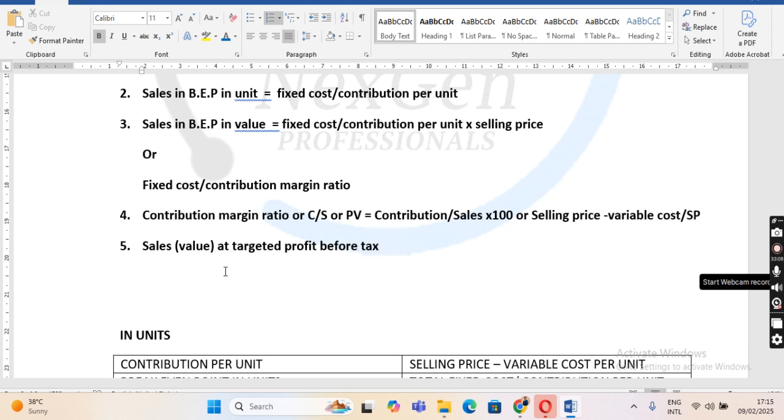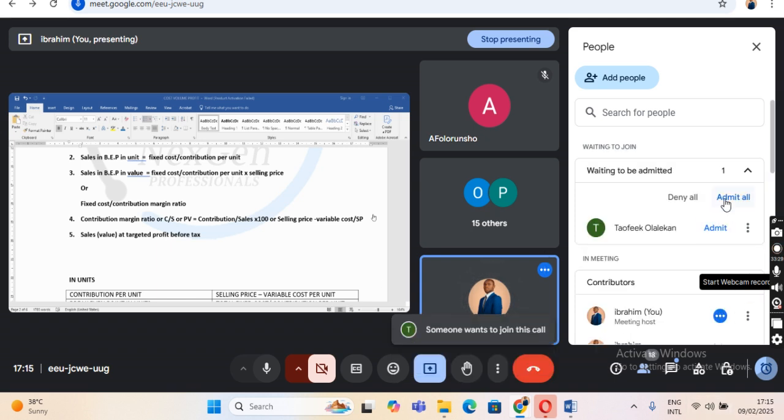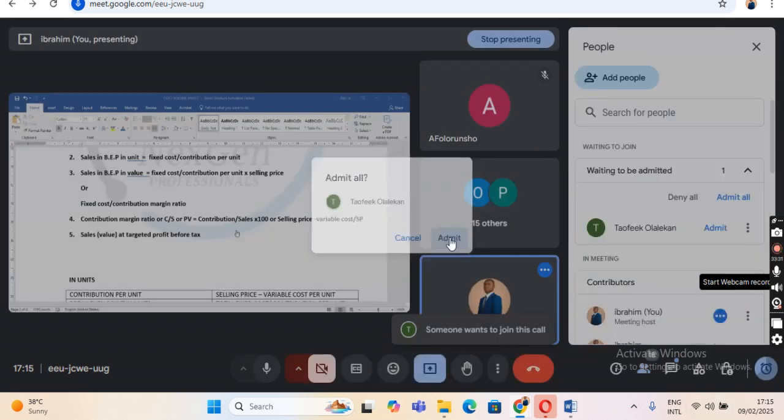When the question asks for the sales value, they may not tell you that it is targeted profit, but you yourself will know. The question may say, what will be the sales in value in BEP at targeted profit before tax of 20 naira? You should know that they are targeting a profit, right? So what will be the formula?